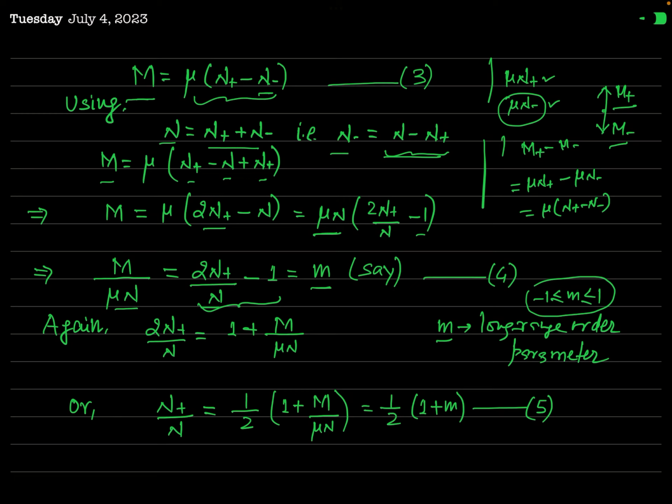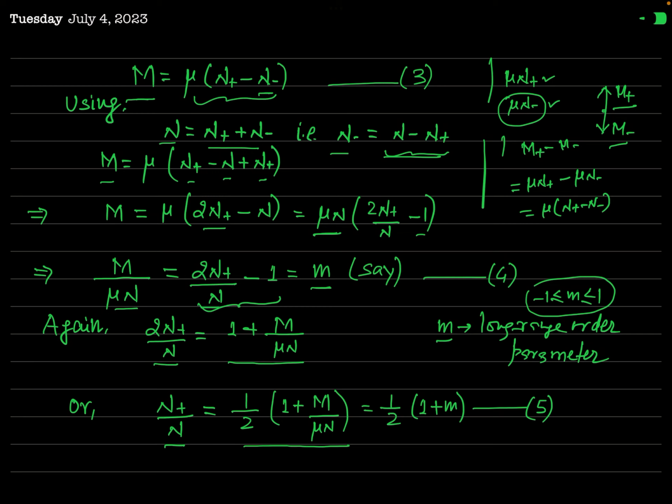So you can say from this result that 2n plus divided by n is equal to 1 plus m by mu n. Okay. And so n plus divided by n will be equal to 1 over 2 times 1 plus m by mu n.